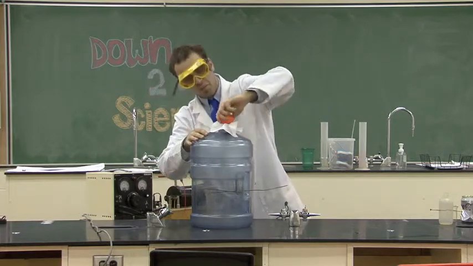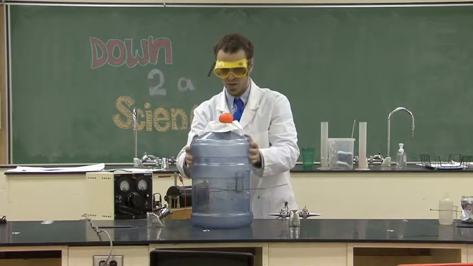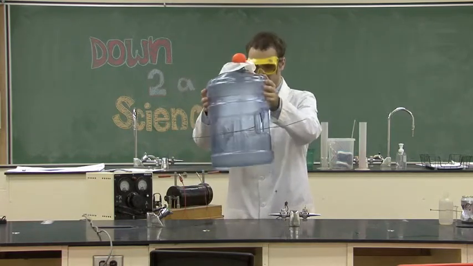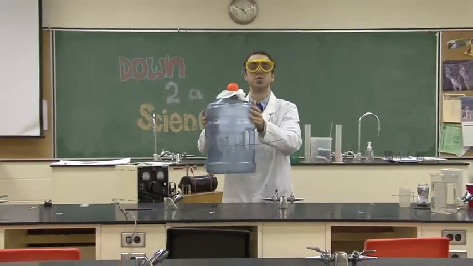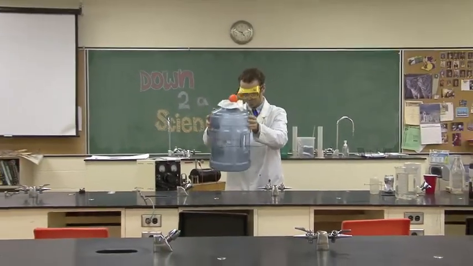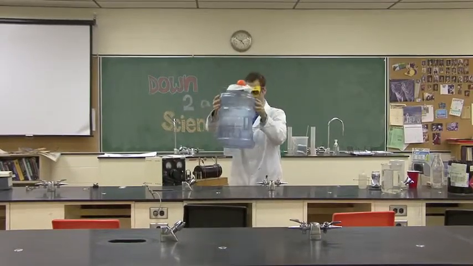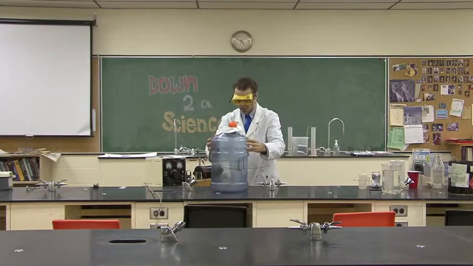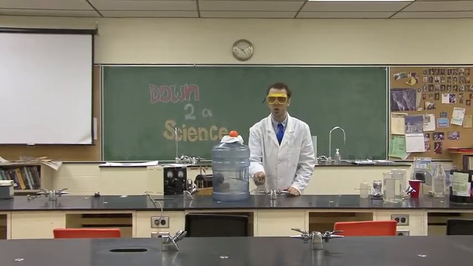I'm going to make sure it's in there nice and tight. I'm going to shake up the jug a bit to make sure everything's moving around, and make sure all my gas is produced. Now that I've produced enough gas, I'm going to hook up my wires.